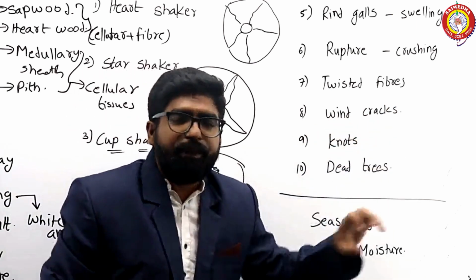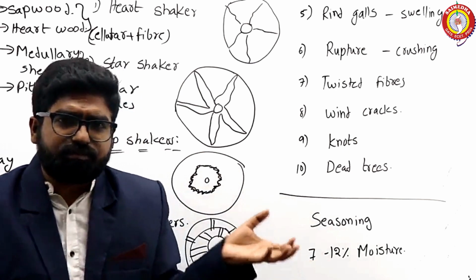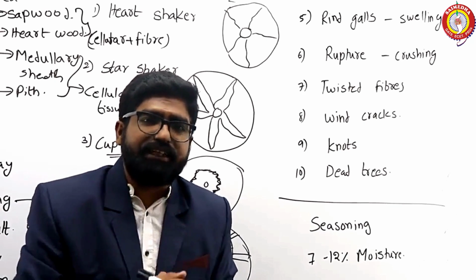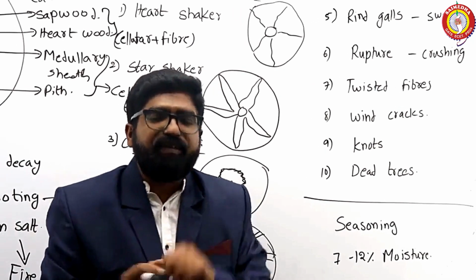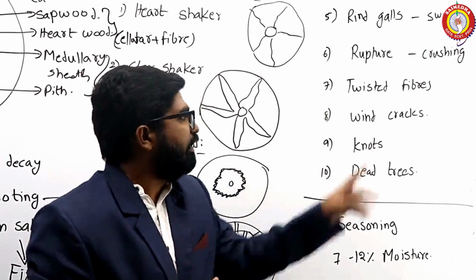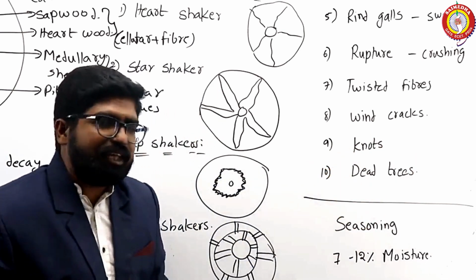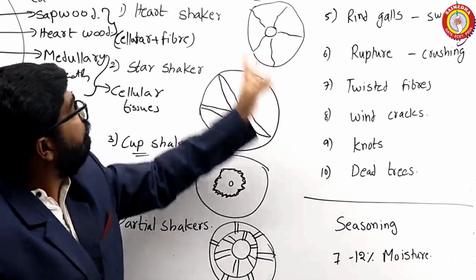And wind cracks: because of heavy winds or atmospheric shrinkage at the outer edges, wind cracks are formed. And knots and dead trees are some of the defects of timber.